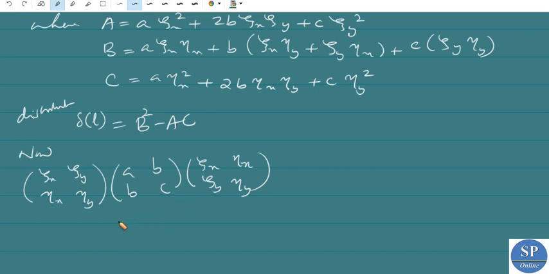So this is nothing but, we can multiply ζ_x ζ_y, η_x η_y into a b, b c.